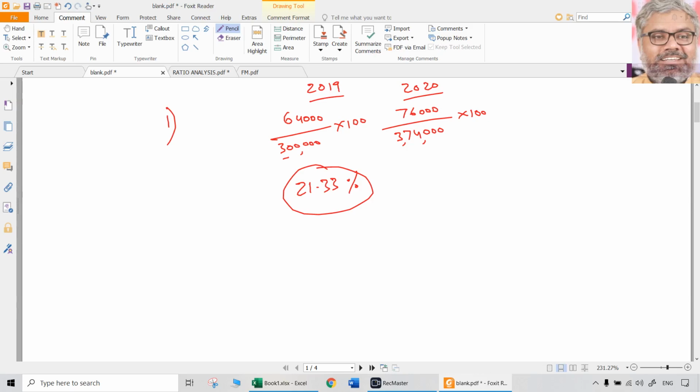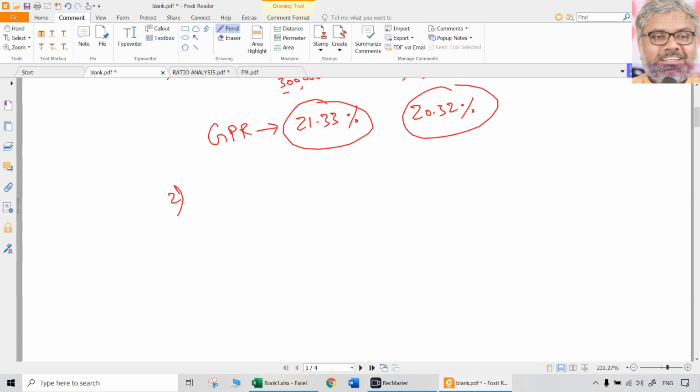So it is around 20.32%. It has reduced. Analysis was not asked, but we should know how to do that because sometimes it can be asked also. But the answer is the gross profit ratio for both the years. That's all. So we are supposed to do formula, substitute, answer.